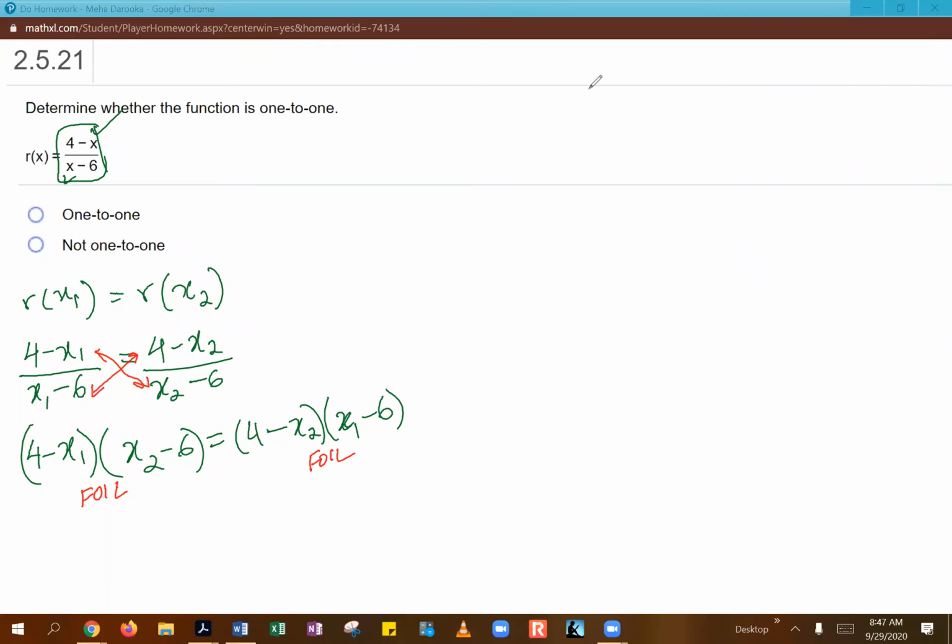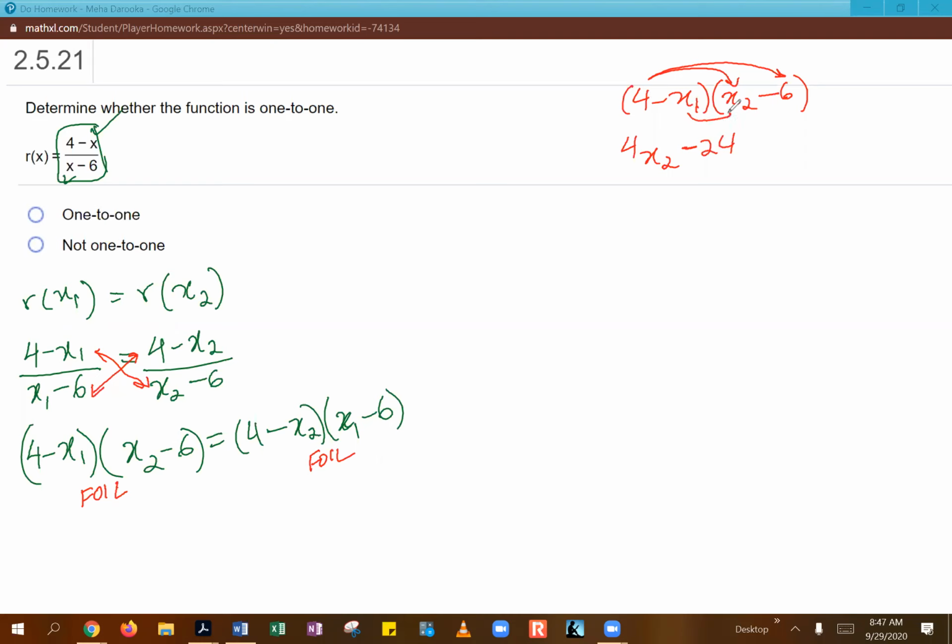So when we do this, we are multiplying 4 minus x1 with x2 minus 6. When we're doing FOIL, you multiply the first terms together, so that's 4 times x2. We multiply the outer terms together, so that's 4 times negative 6, which would be negative 24.